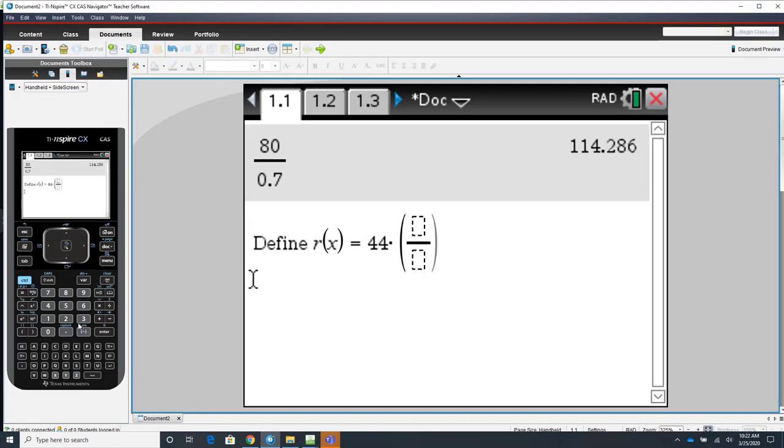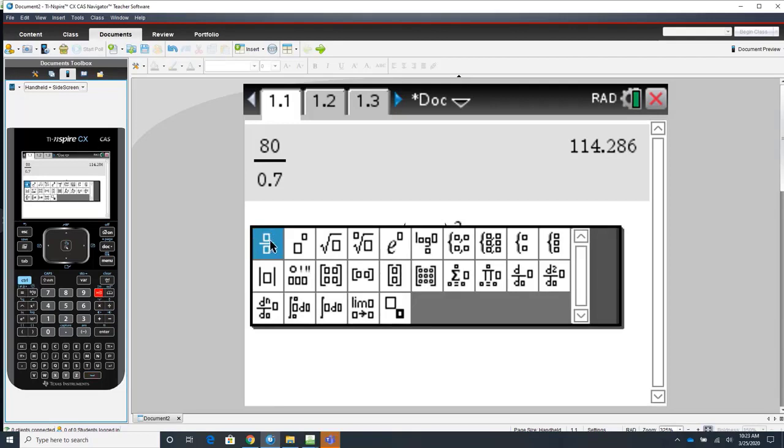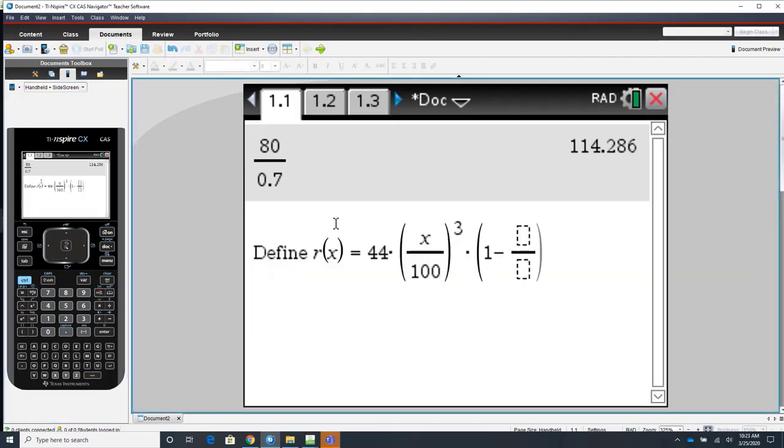So the first factor is x over 100 to the power of 3, and now I'll multiply with the second factor, parenthesis 1 minus x over 300 to the power of 7.